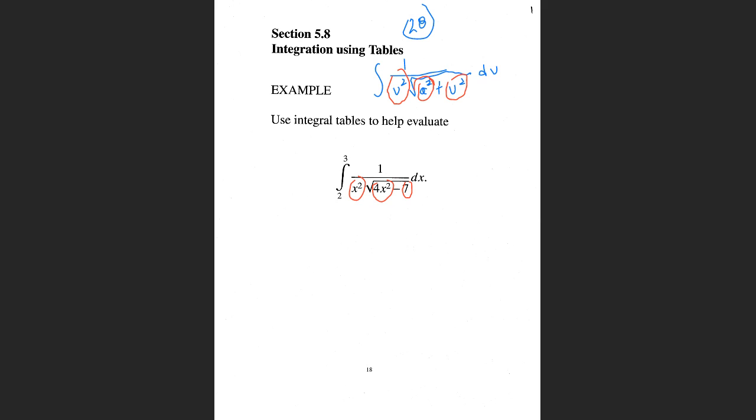But what's the problem? There is a problem with formula 28. It's not going to quite work. Yeah, that's right, Mario. You have a plus here, and we have a minus here. So formula 28 is close. Good try, Mario. But not quite right.